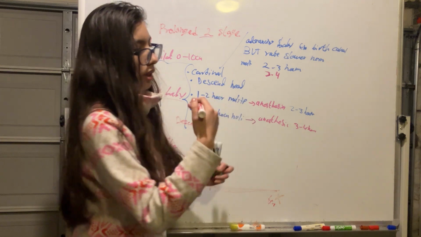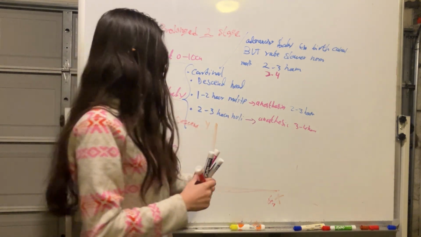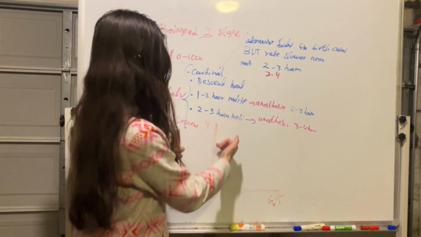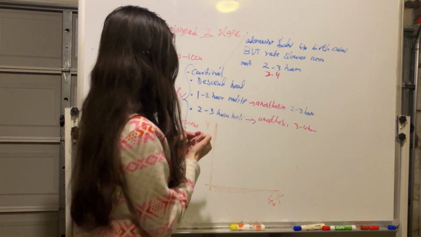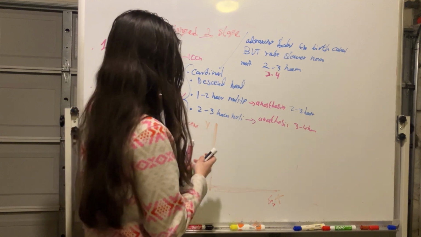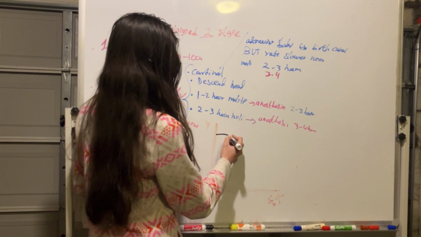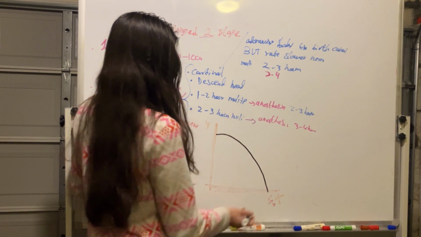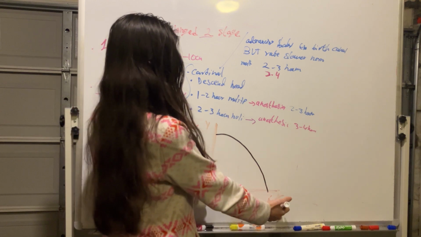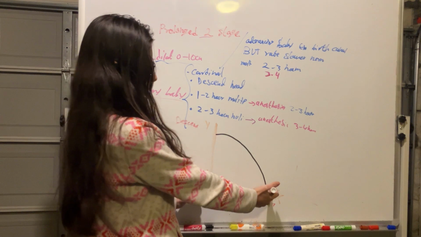And remember the stations we use to indicate where the fetal head is. So this is going through these stations. So normal, as time goes on, we are having descent of the fetal head. This will take 2 or 3 hours, or 3 or 4 hours if it's a nulliparous woman.